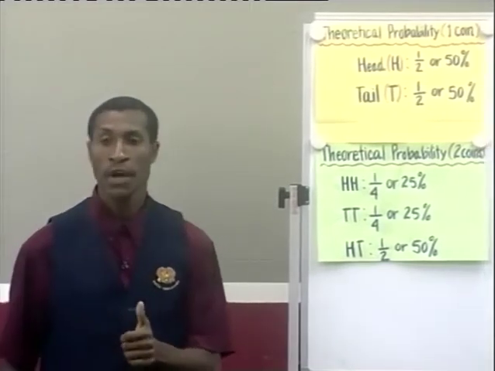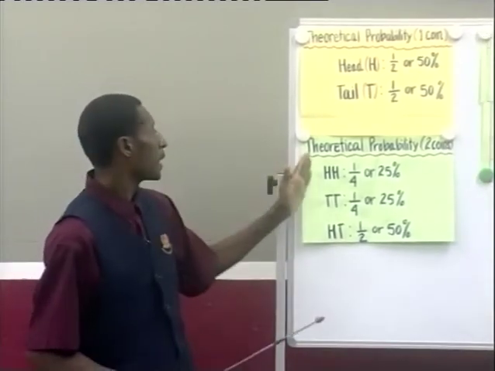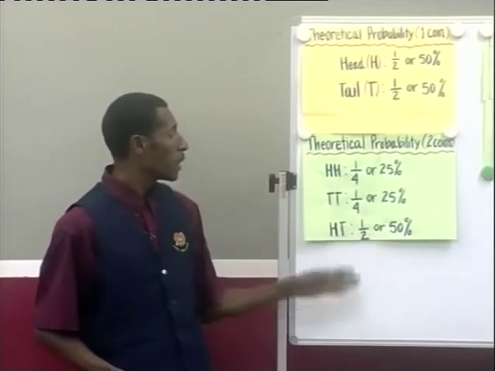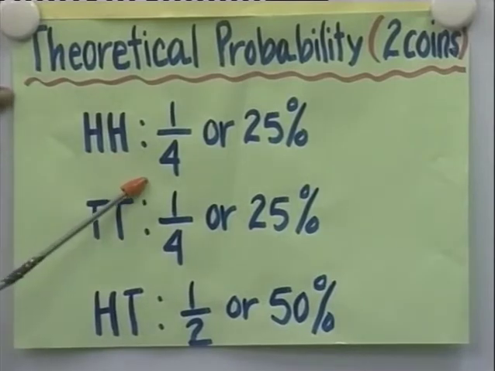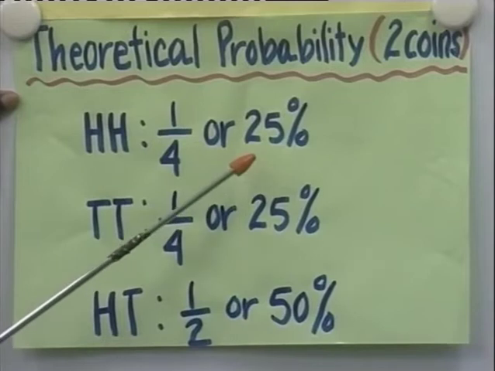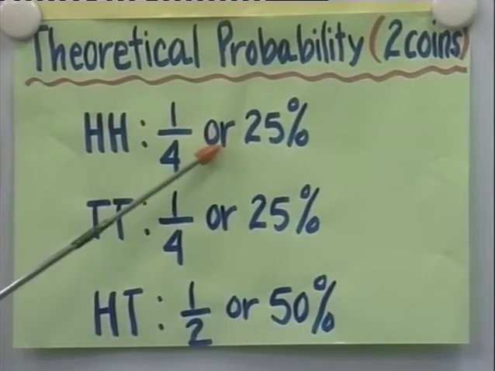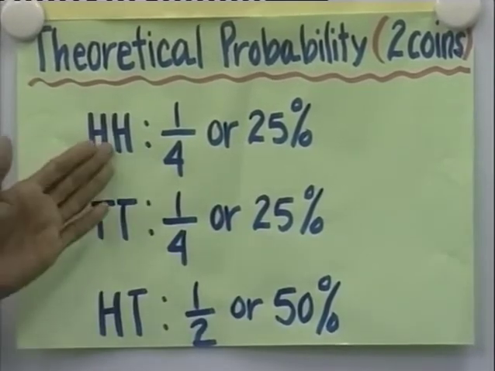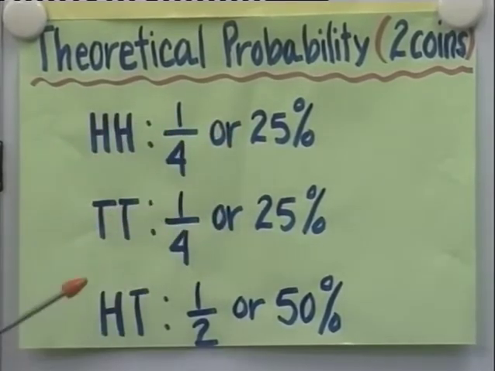When you toss two coins, like we did in our previous lesson, the theoretical probability for head-head is 1/4 or 25% as percentage. So tossing of two coins, head-head, is always 1/4 or 25%.